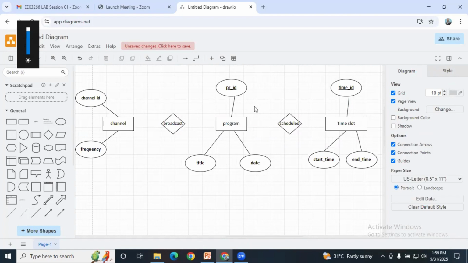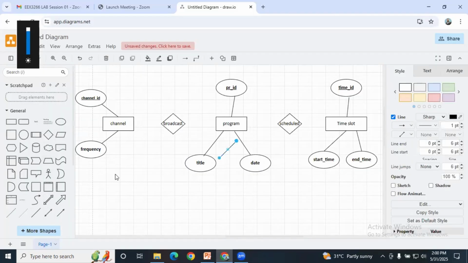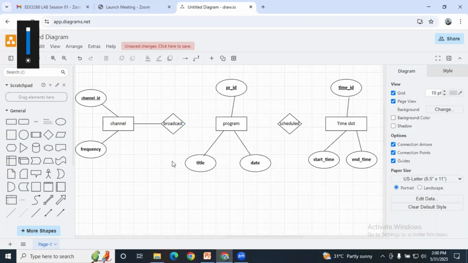So what is the next step? You want to create the relationship. So what is the first relationship? In here, they are saying a program can only be broadcast on a single channel. So according to that, you can get a solid line to here and here firstly. Okay.